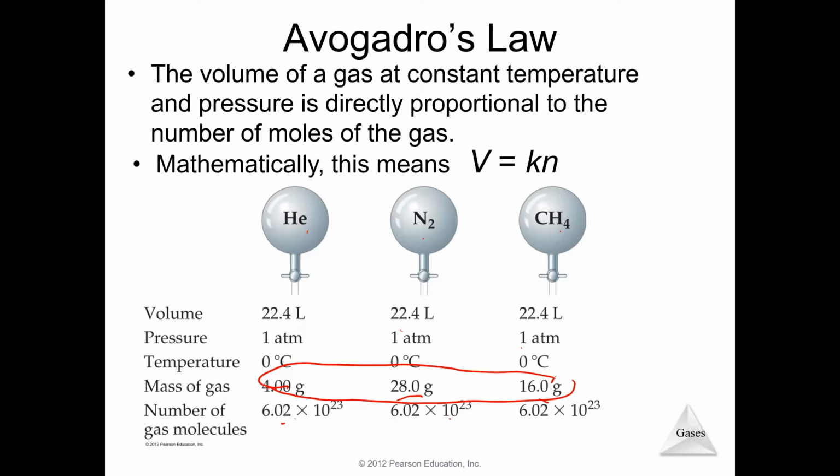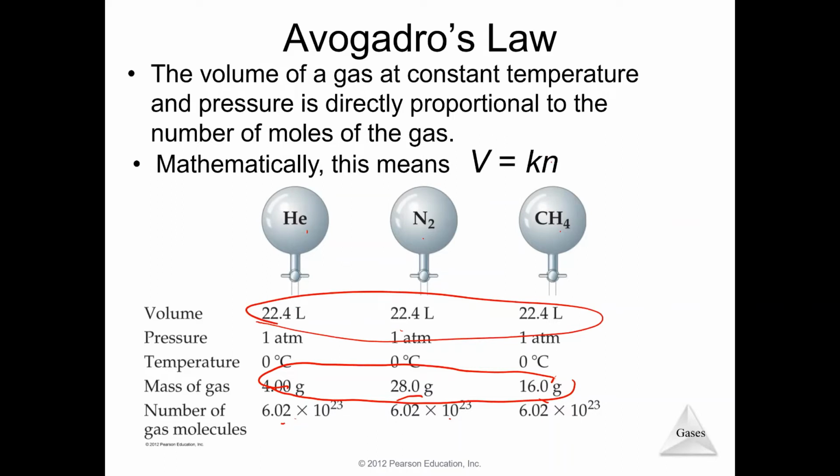The mass is different, because when we say 1 mole of helium, 1 mole of methane, they will have different masses, but their volume always stays the same, right? And it's interesting, we just said the volume of the container depends on what?